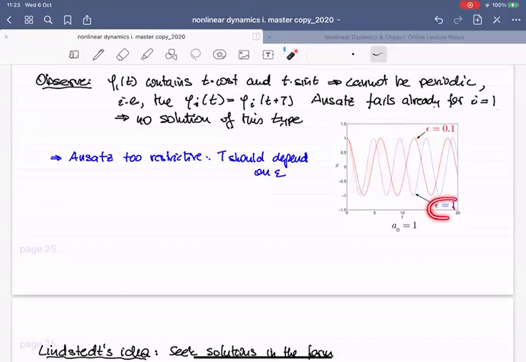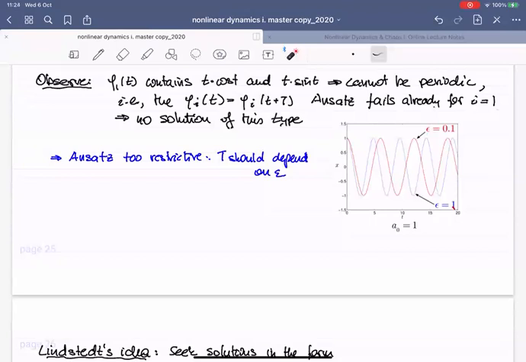When epsilon is 1, you get the blue one. See, clearly, even though they started from the same initial condition, they very soon start shifting from each other, and the phase difference grows. That clearly signals that even though they are both periodic signals, they have different periods. So clearly there is a dependence on epsilon, as we would anticipate.